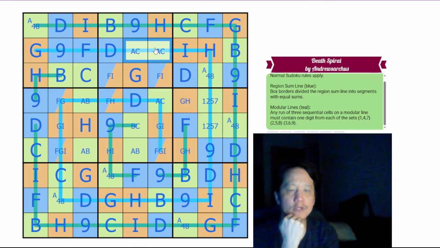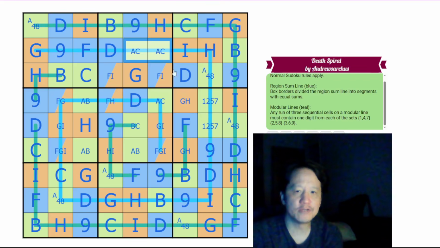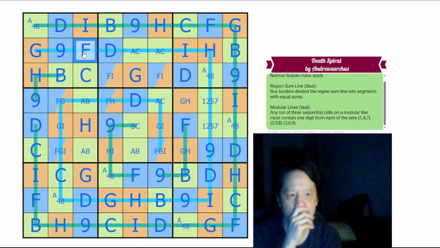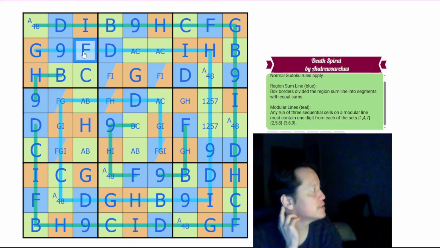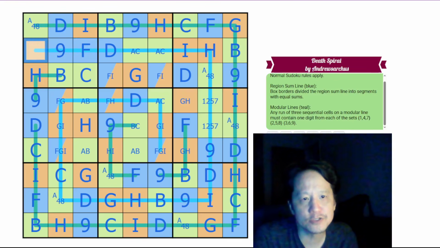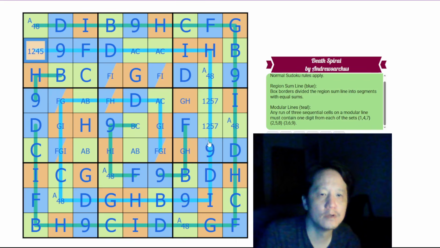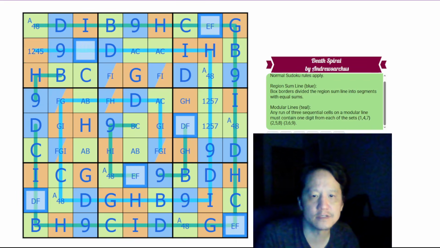Okay. So DI and GF add up to the same sum. I and G are the same mod as the sum. So one of these is 3 and one of these is 6. If they're the same sum, it's 2 and 5 with it, or 1 and 4. So G is 1, 2, 4, 5. Obviously, F is 3 and 6.